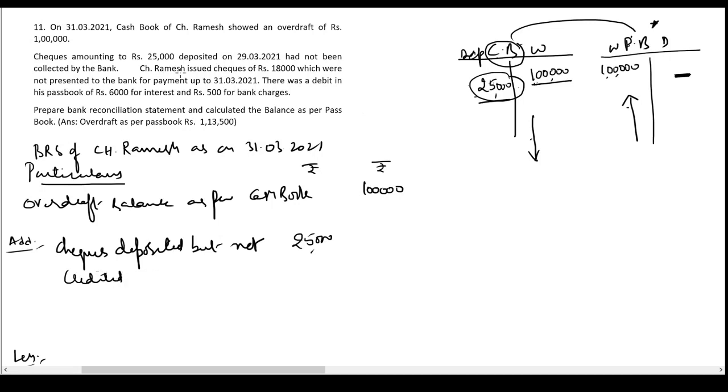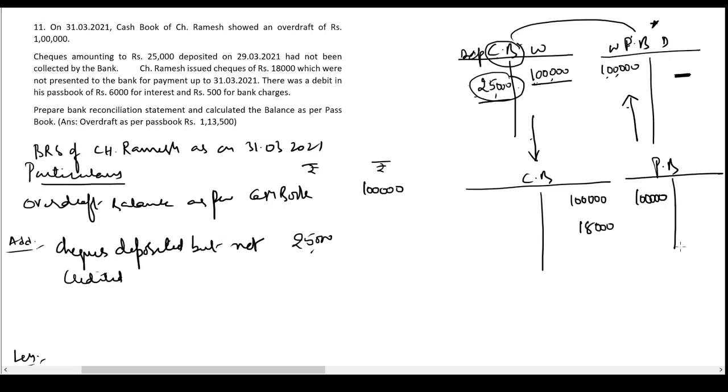Next, CH Ramesh issued checks of rupees 18,000 which were not presented to the bank for payment up to 31st March 21. Let us prepare our working note again. This is my cash book. This is my passbook. I'll start with overdraft balance, credit side in the cash book and the debit side in the passbook. As soon as we issue a check, we record a withdrawal in our cash book.